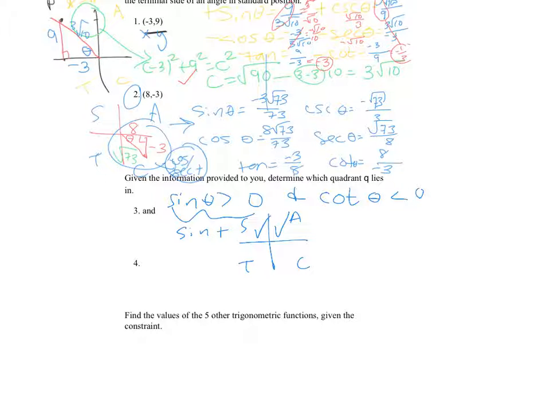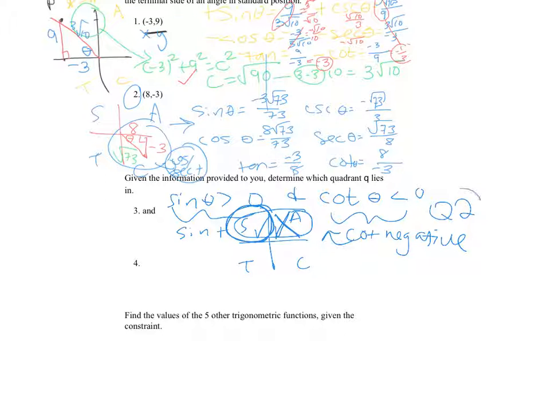All are positive here, sine is positive here. So we've narrowed it down to these two quadrants. Now cotan, they're saying, needs to be negative. So out of the two that I've narrowed it down to, where's cotan negative? Not in quadrant 1. So we're working with quadrant 2 is our answer.